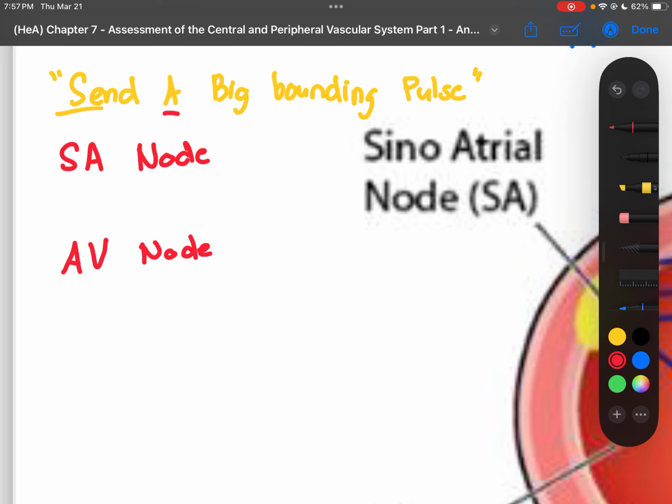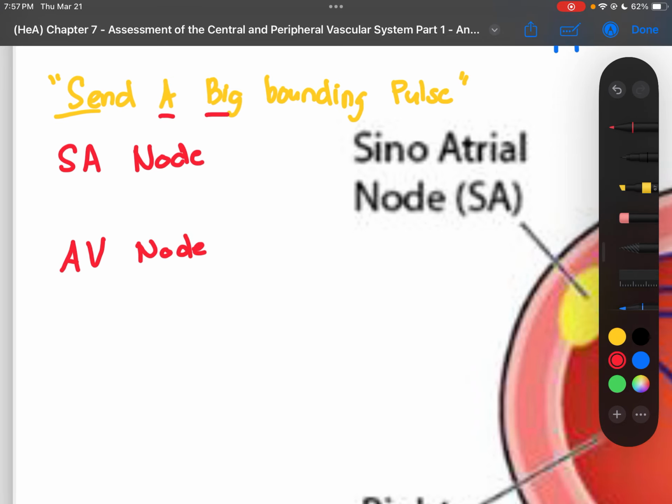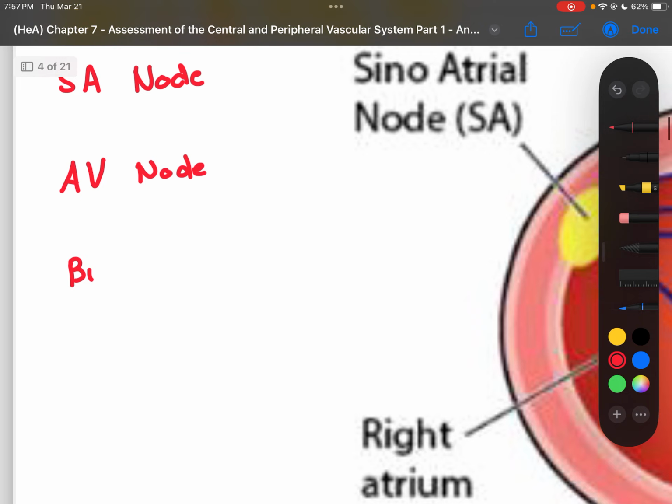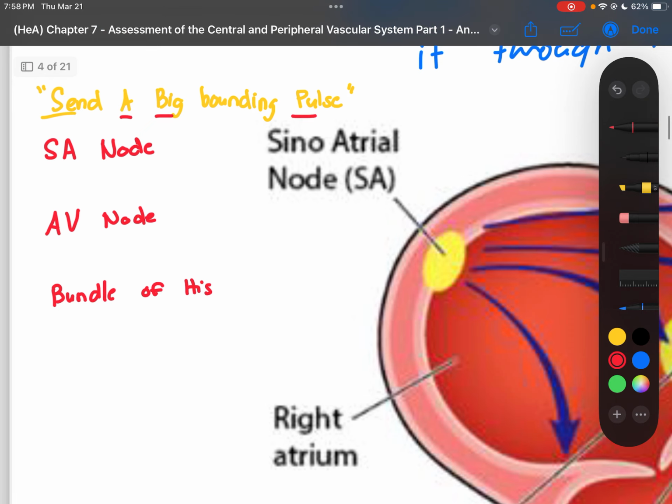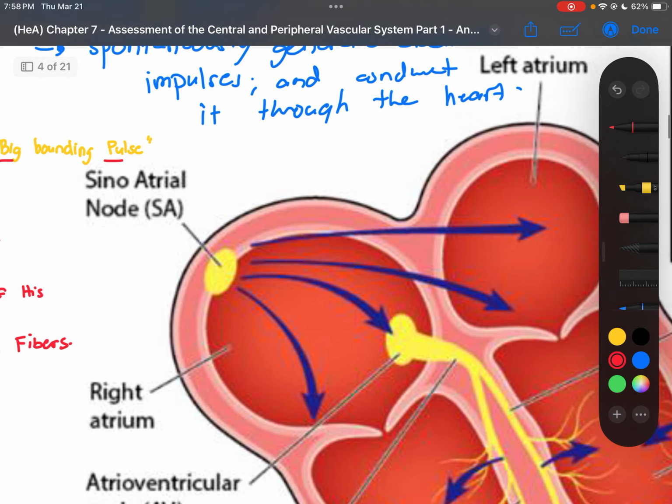Next is our big letter B, bundle of His. And lastly, class, is our letter P, the Purkinje fibers.